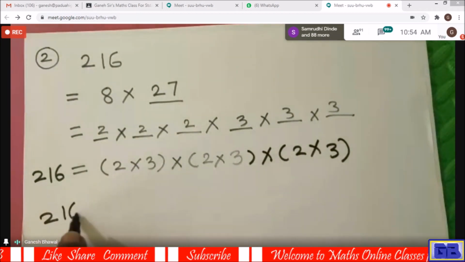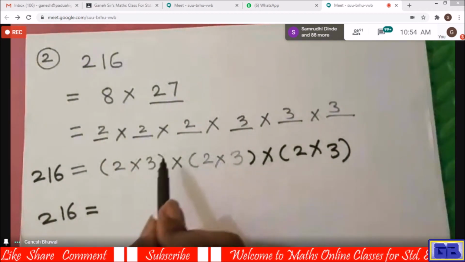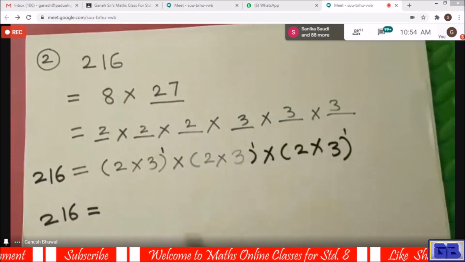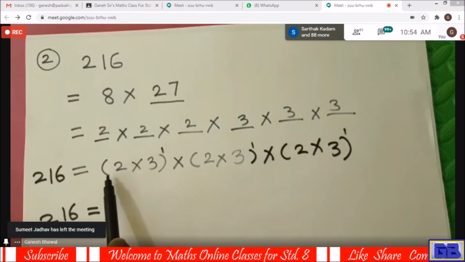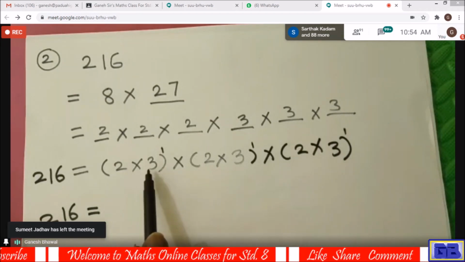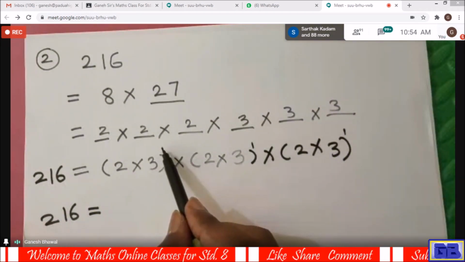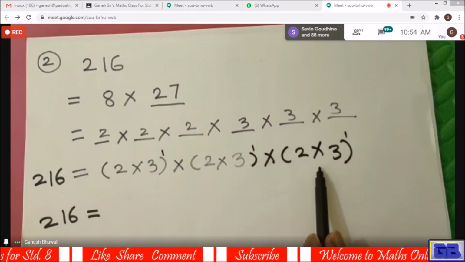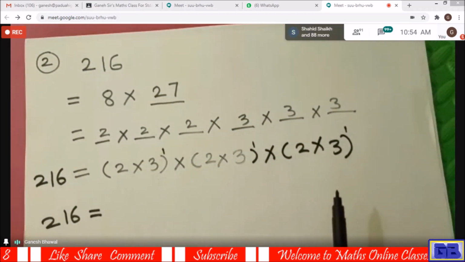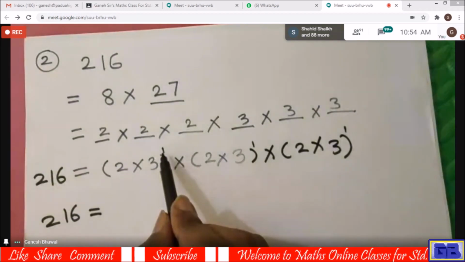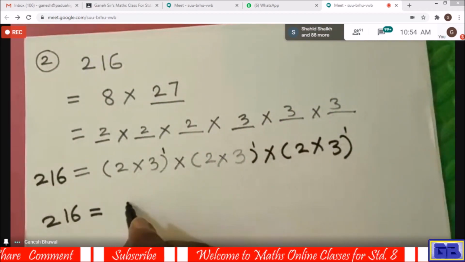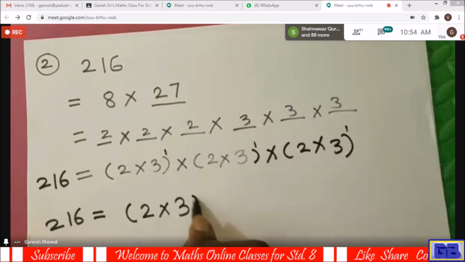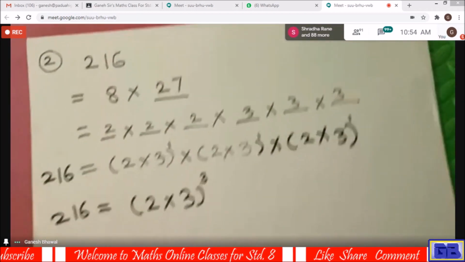Again 216 equals, here there is 1, there is 1 and there is 1. If for the bracket or for any number at the index place there is no number, we have to consider there is 1. We have to follow here the laws of indices. 1 plus 1 plus 1, 2 into 3 raised to 3.